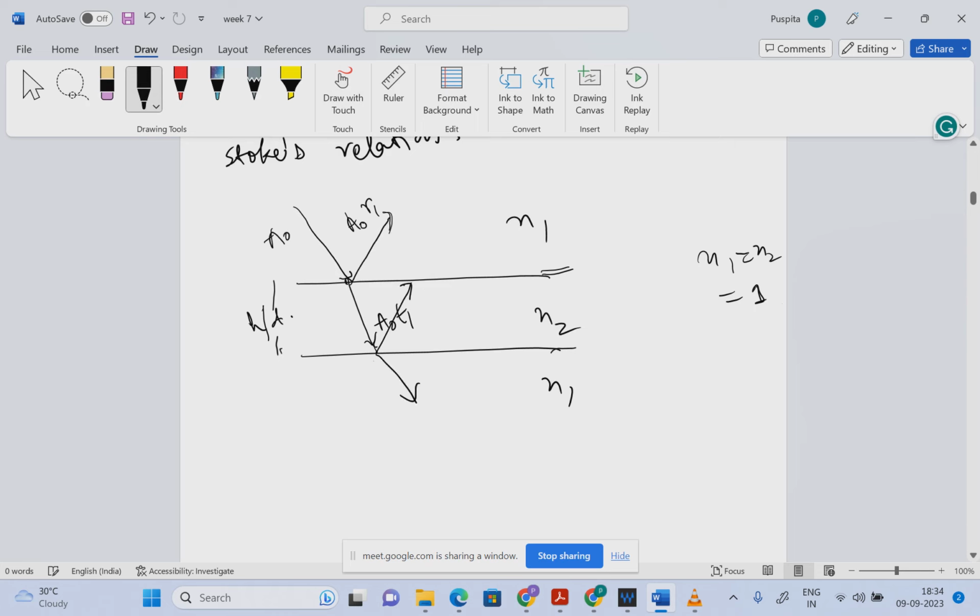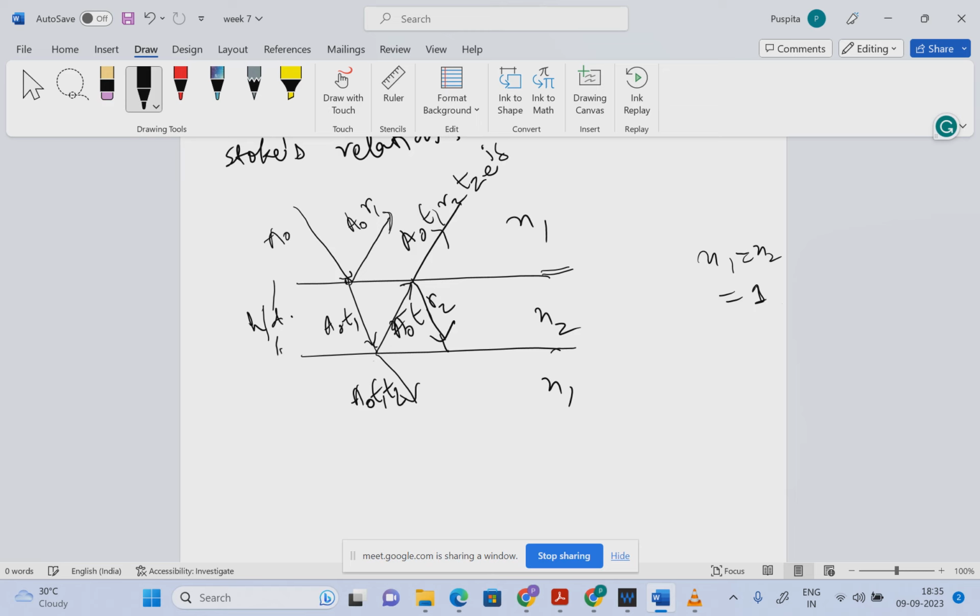Part of it will be A0 T1, then reflected R2, and it will be A0 T1 R2, then it is transmitted T2 with e to the power i delta.